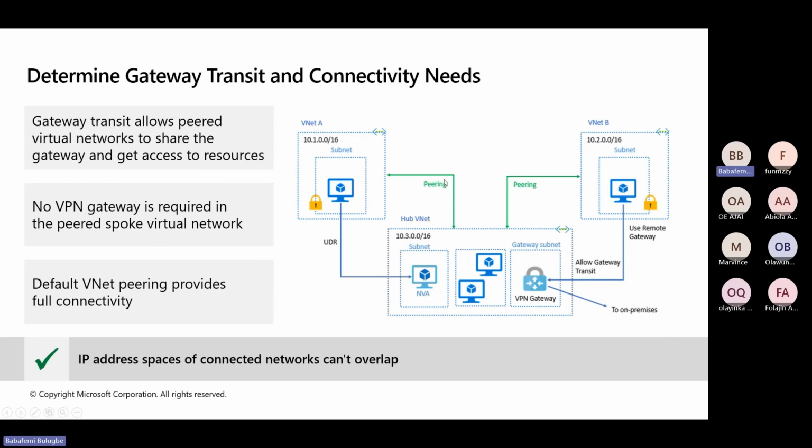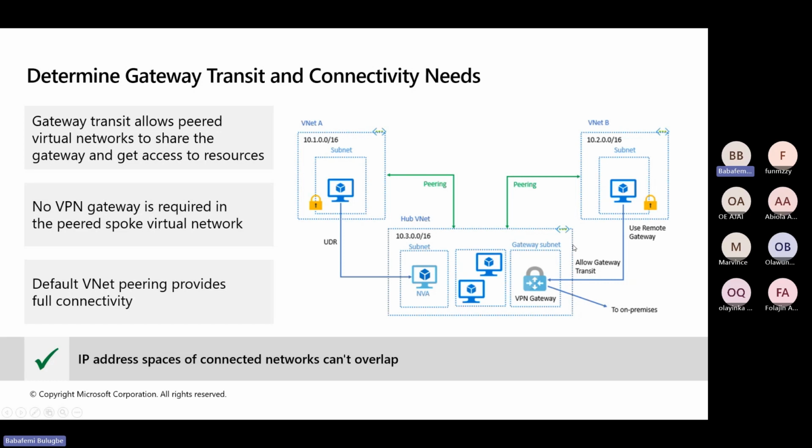So because we have a peering between this one and this one, and a peering between this one and this one, virtual machines within this VNet A will be able to talk to virtual machines here, and they'll still be able to talk to machines in our on-premises environment. The same way for VNet B. However, regardless of the fact that we have this connection from here to the on-premises environment, there's no connection between VNet A and VNet B. Resources in here won't be able to talk to the ones there.